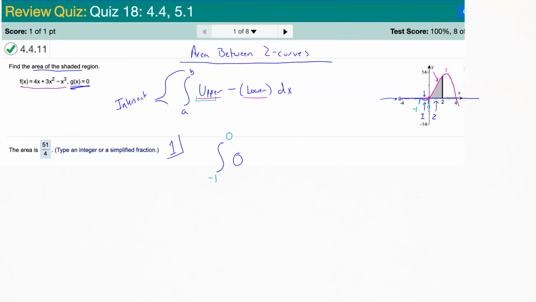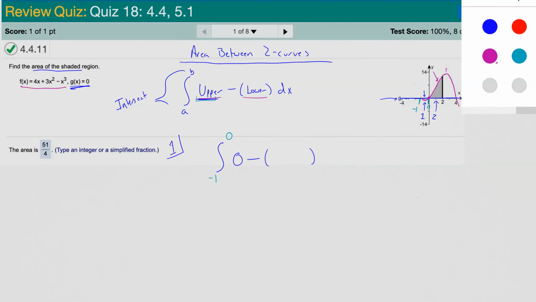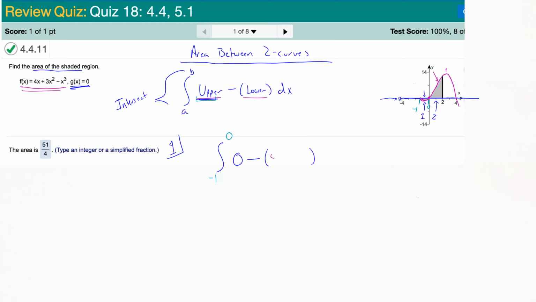Then minus, always in parentheses, the lower equation. In area 1, the pink equation is cutting down below, so the lower equation is my f equation, which is 4x plus 3x squared minus x cubed. And then at the end, we have a dx. So that's my area 1.